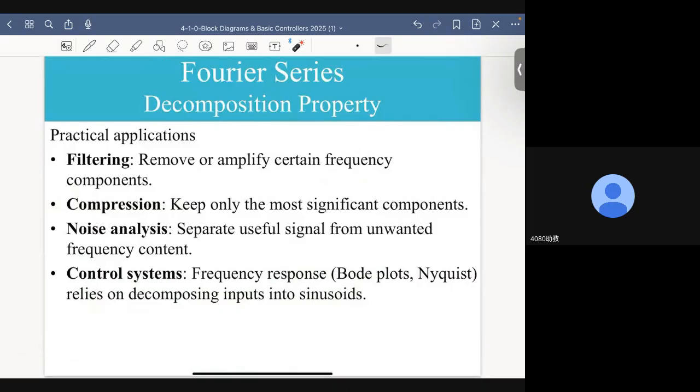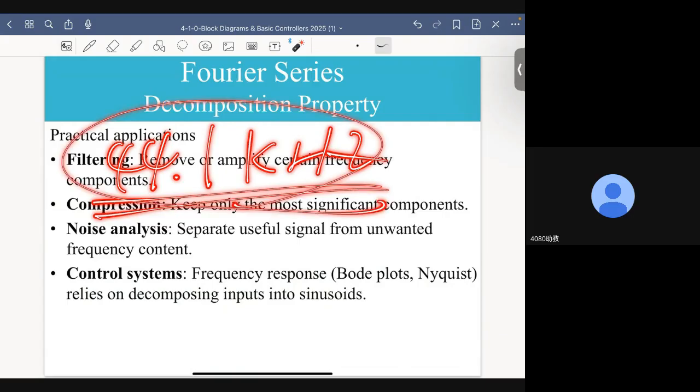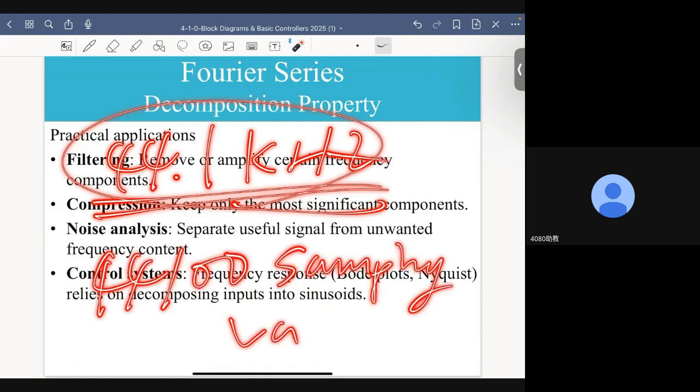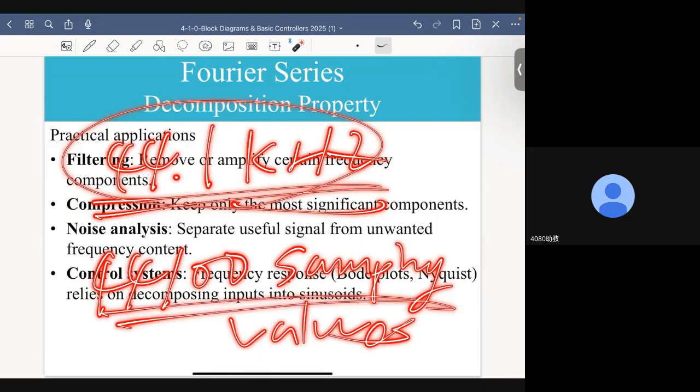For example, nowadays, when producing a CD music file, the sampling frequency is 44.1 kHz, which means for every second of our music, we actually have to have 44100 sampling values, and that is a lot.